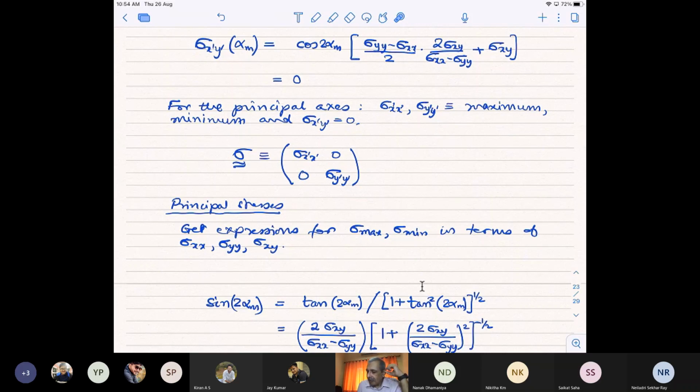So essentially, what we are trying to do is we are trying to get it in this form, and these you can say are nothing but the eigenvalues of this matrix.